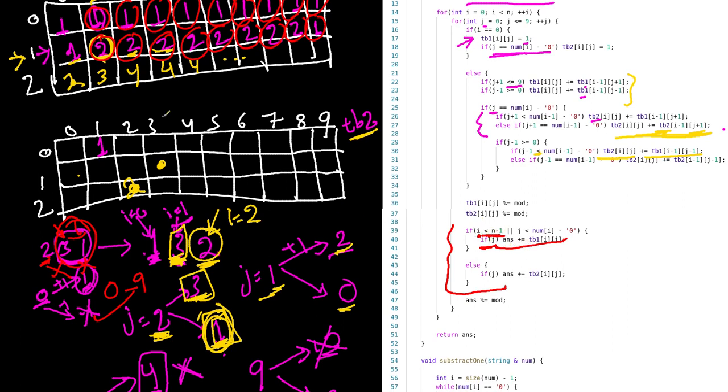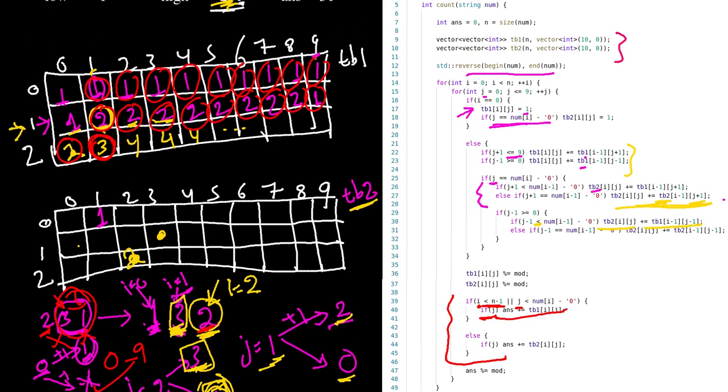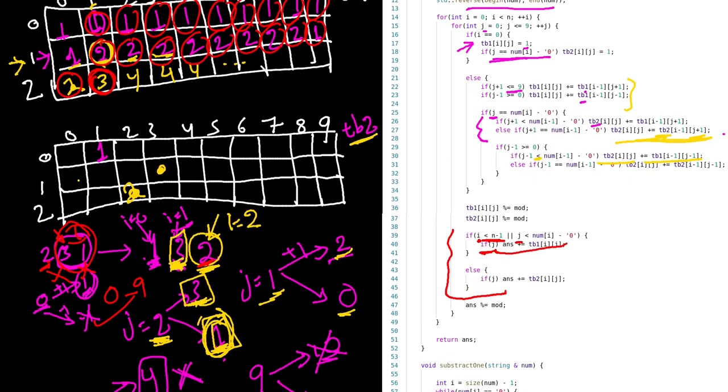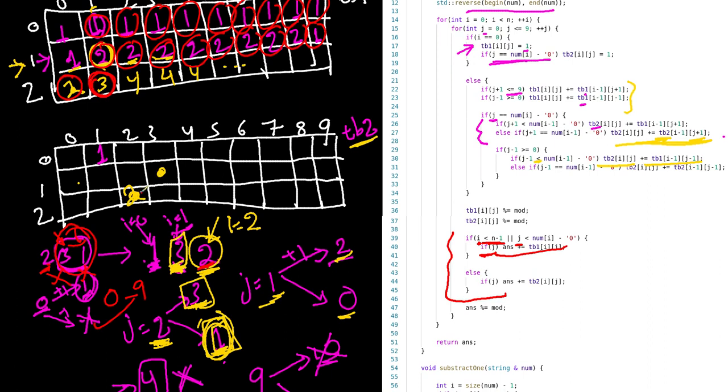Now at i equal 2, we check if the value is less than the current value. The current value is 2, so this is for j0, this is part of the answer, and this is part of the answer because this is for j equal 1. Now for j equal 2, we take it from TB2, this condition apply.